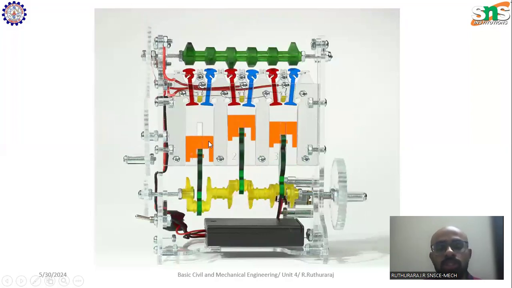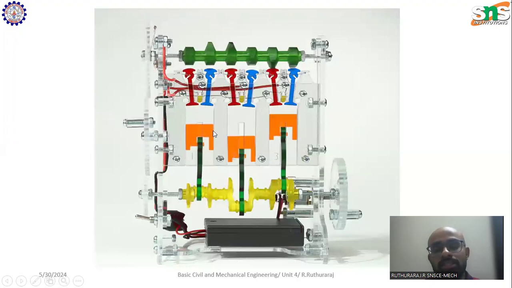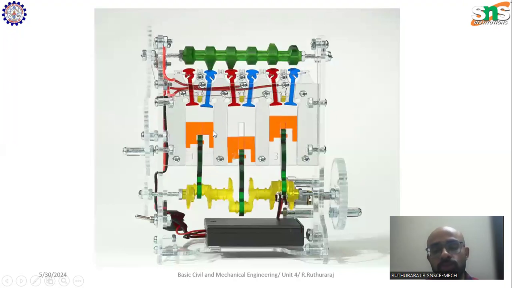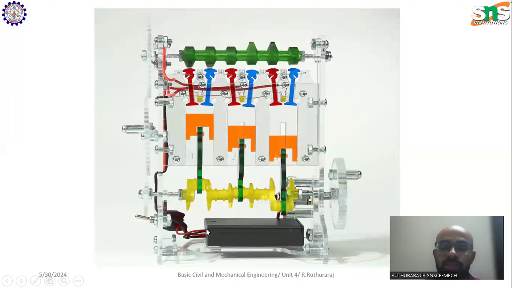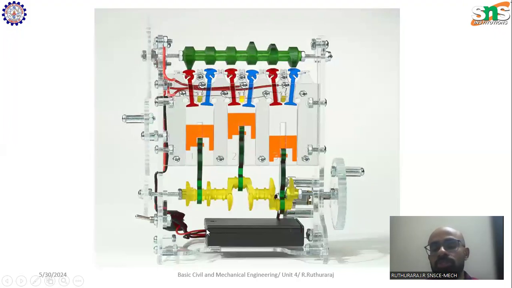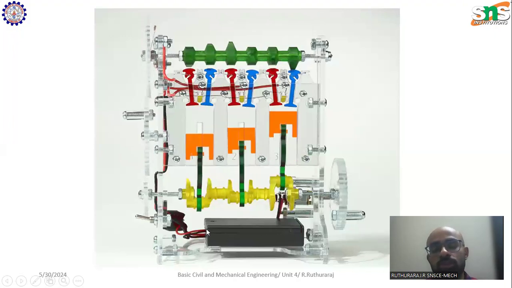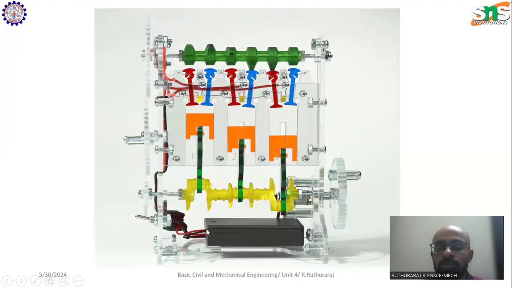If you see the movement, the piston has a translation movement, that is, an up and down movement, whereas the shaft, as the name indicates, is a rotating part. So how is this translation motion converted into rotary motion? Here, one form of motion is converted into another form of motion. That is done with the help of a mechanism.